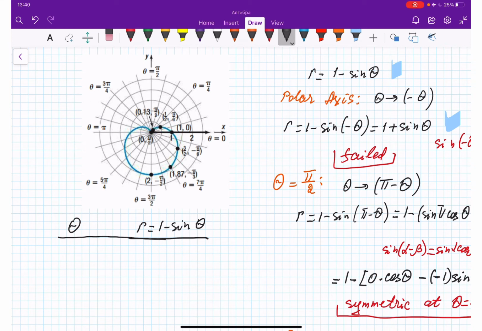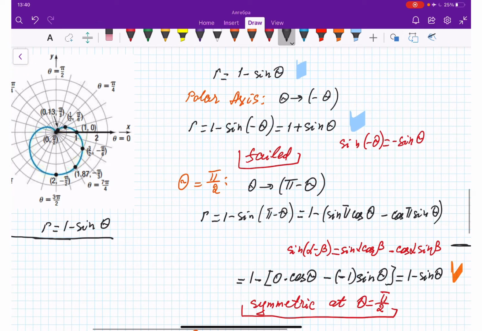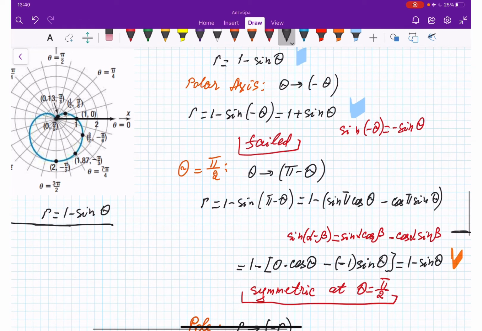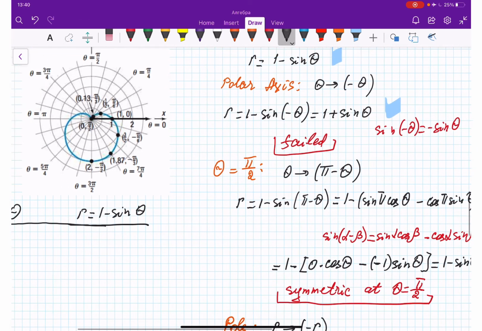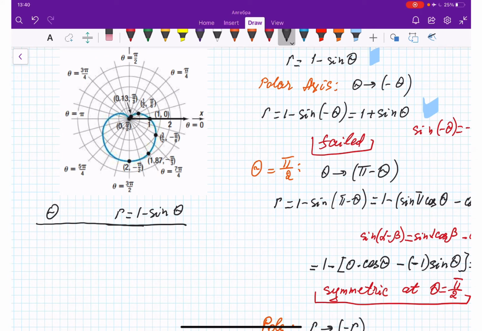So because of periodicity of the sine function and symmetry with respect to the line theta equal half a pi, right? Here we have it symmetric, right? It satisfies the symmetry at the angle half a pi, which is the y-axis.